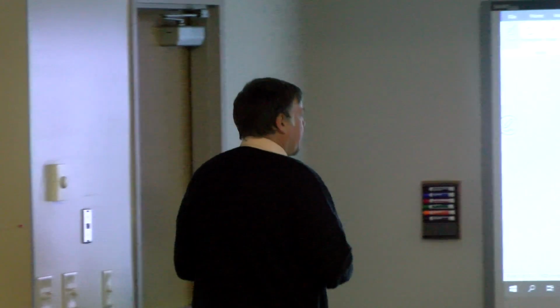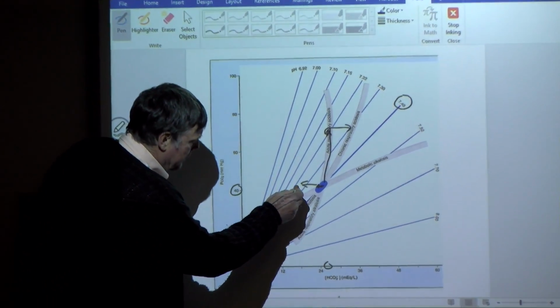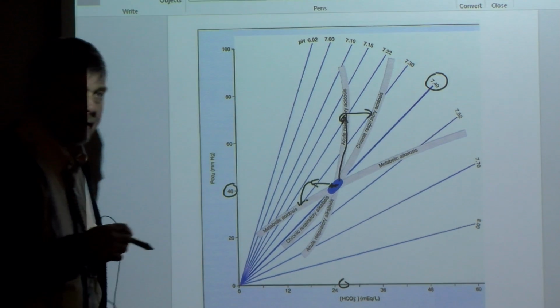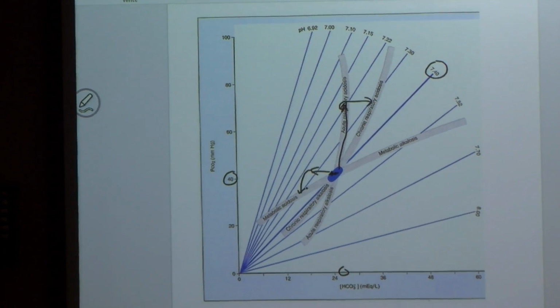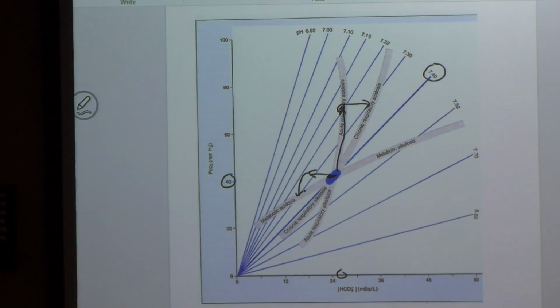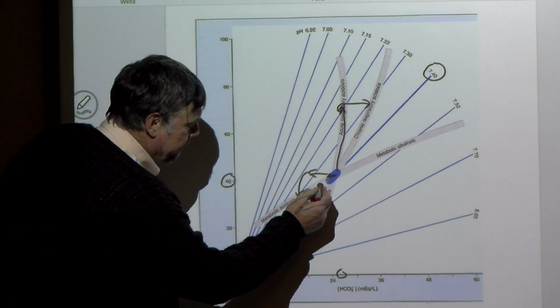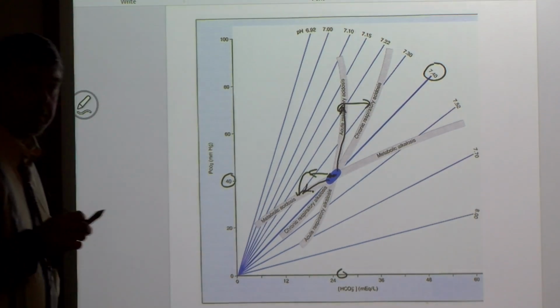It's a matter of seconds. So in this particular case, the compensation actually occurs instantaneously. If the respiratory system's working well in a metabolic acidosis, you'll basically travel directly down this line here.